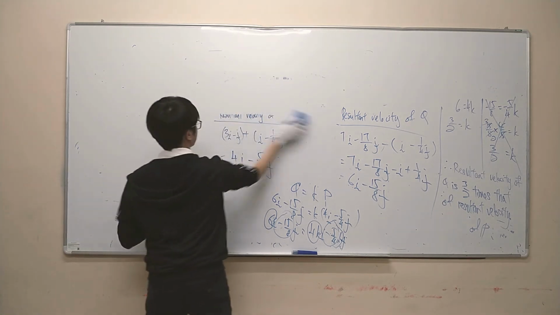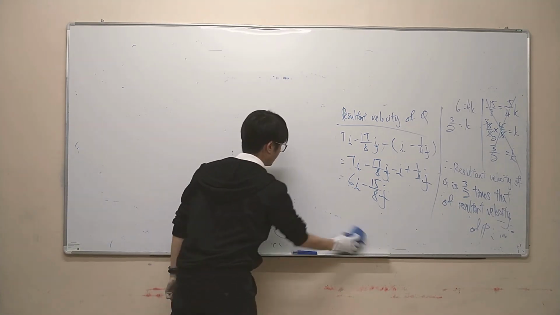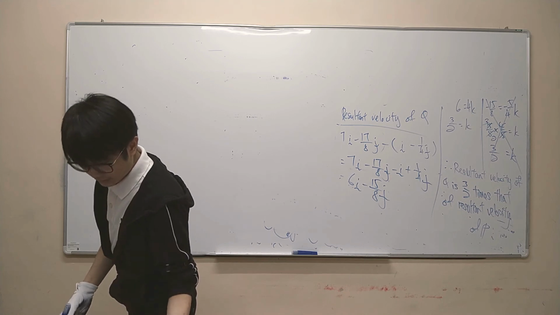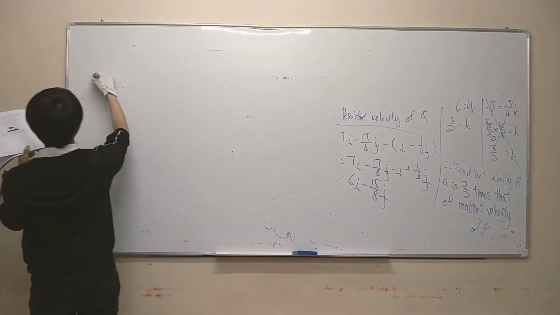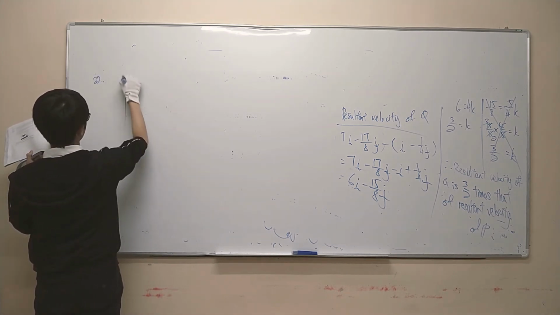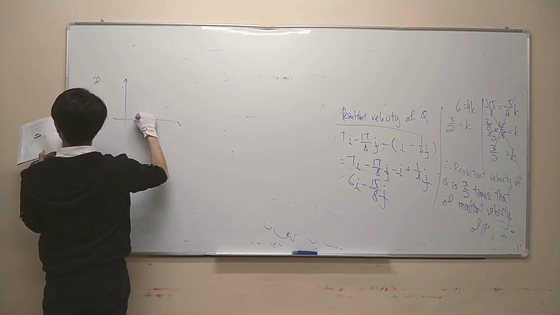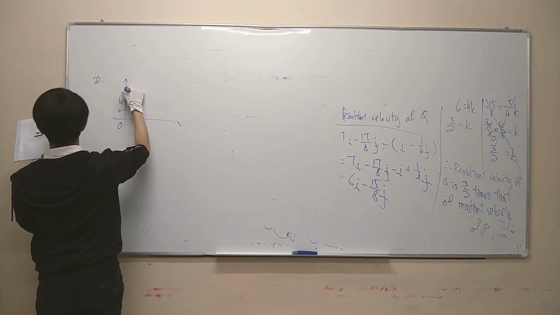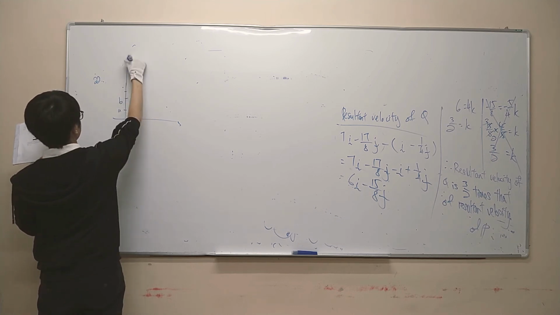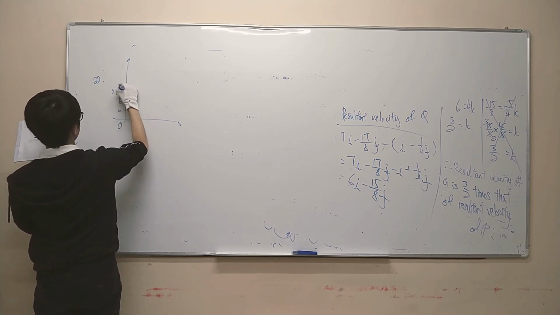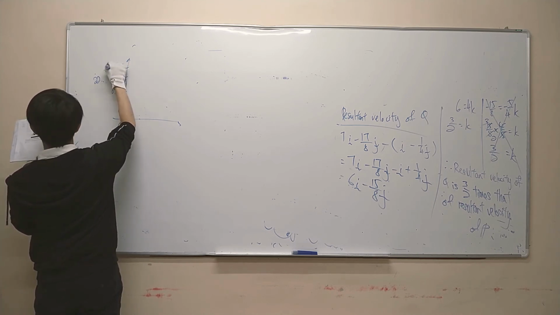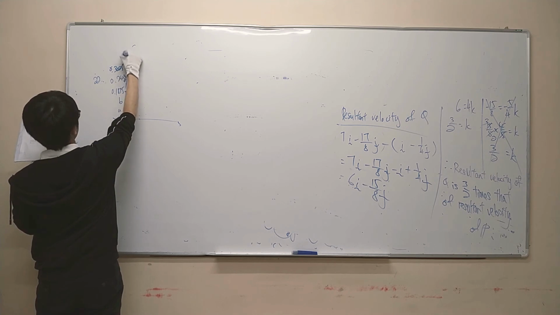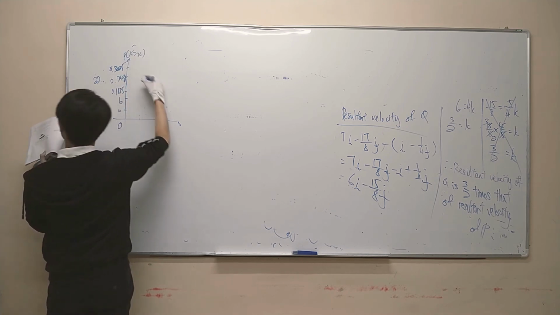Okay, I erase this first. Okay, 22 is what? This is probability distribution lah. Okay, draw. Okay, 0. So there's A, there's B, and then 0.1875, 0.2432, 0.3025, Px equals to x.